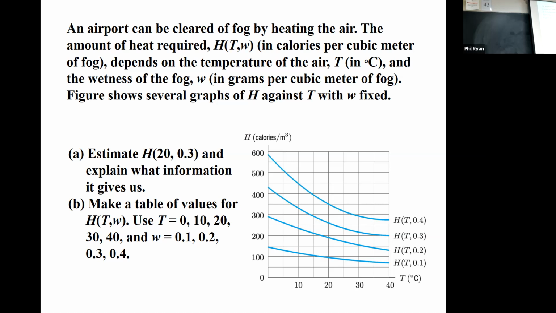When we see this as a function of temperature, we see that it is a decreasing function, because the thing's going down. As a function of wetness, it's an increasing function, right? Because as W increases, the values increase.